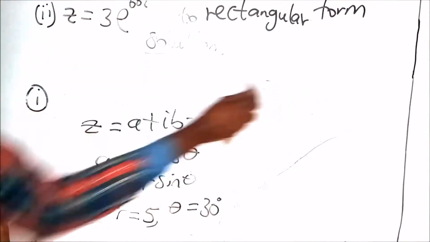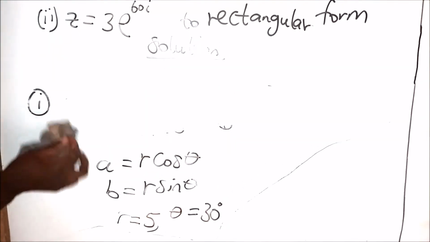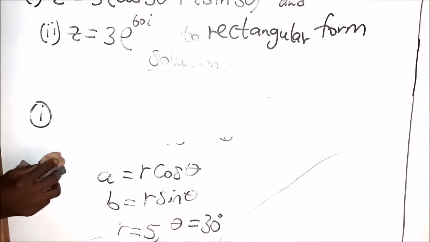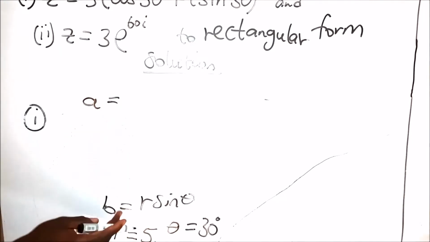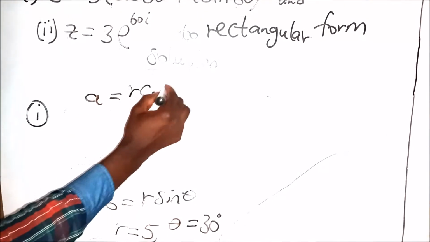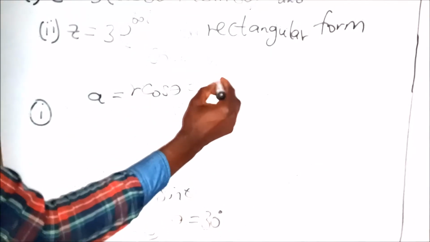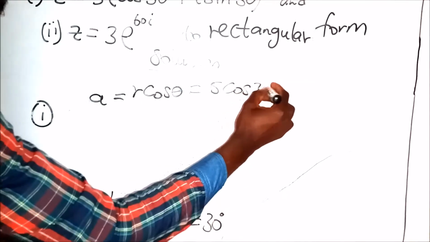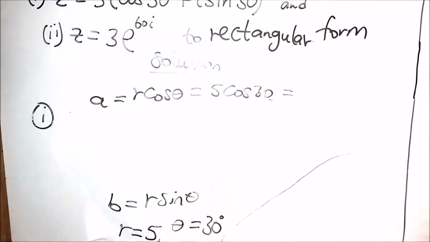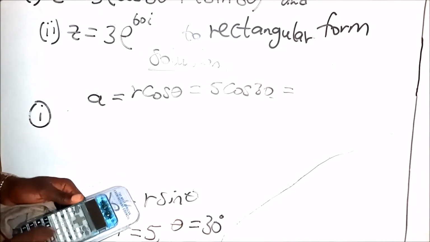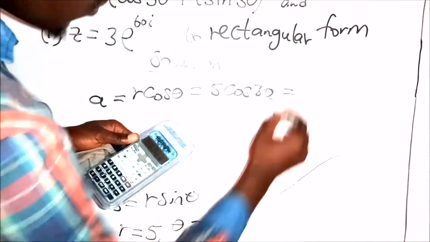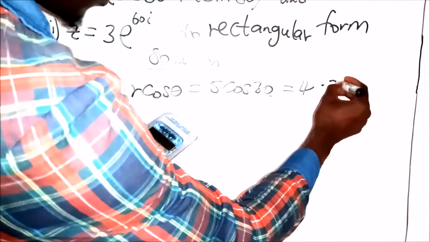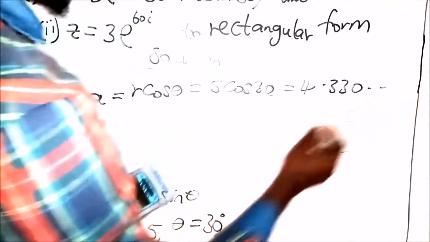Now, since we have our r as 5 and theta as 30, we have that a is r cos theta, which is 5 cos 30. 5 cos 30 will give us 4.330 and so on.